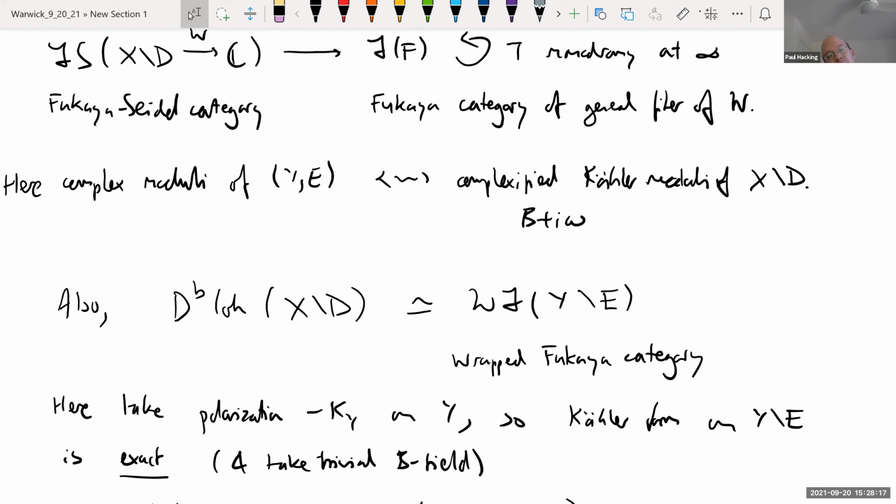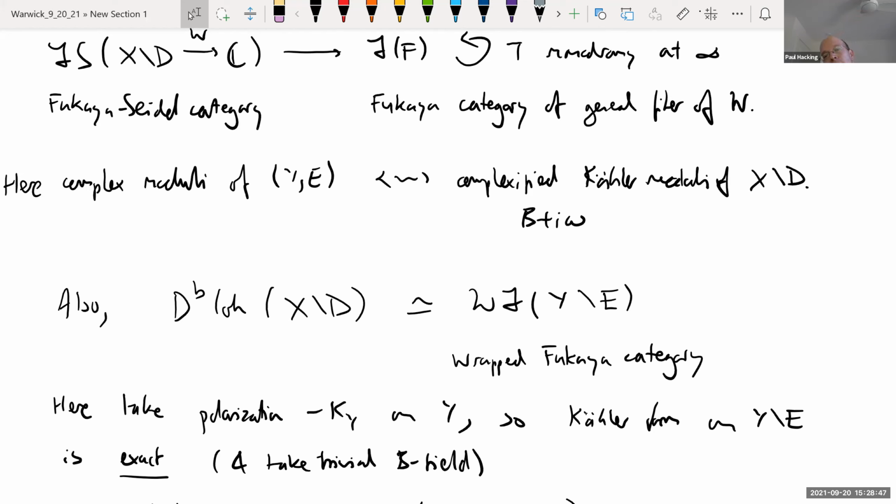Here, I think it's important to mention this asymmetry, that here we want to just consider the given polarization minus K on the Fano Y. That gives us a distinguished Kähler form on the interior, which is exact, because remember, E is a section of minus K_Y. So the Kähler form is exact on this open part, dθ for some one-form θ.